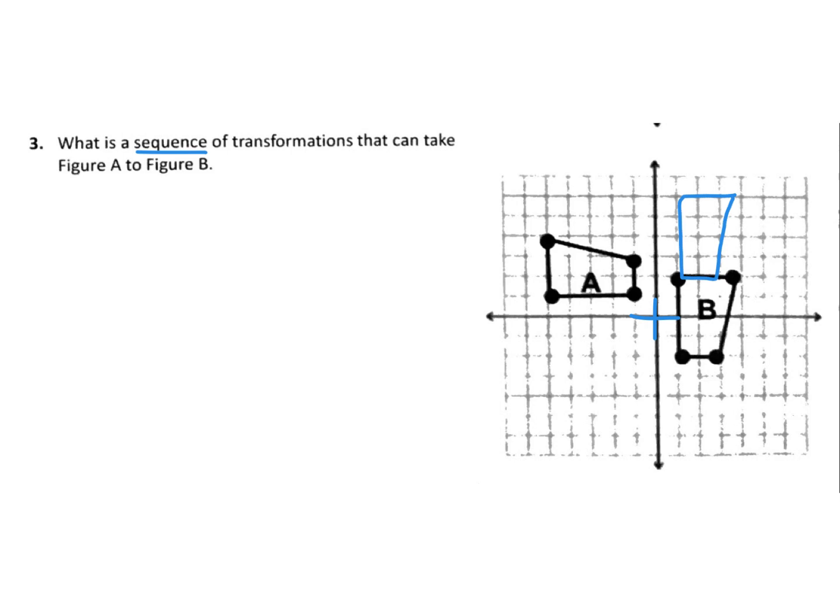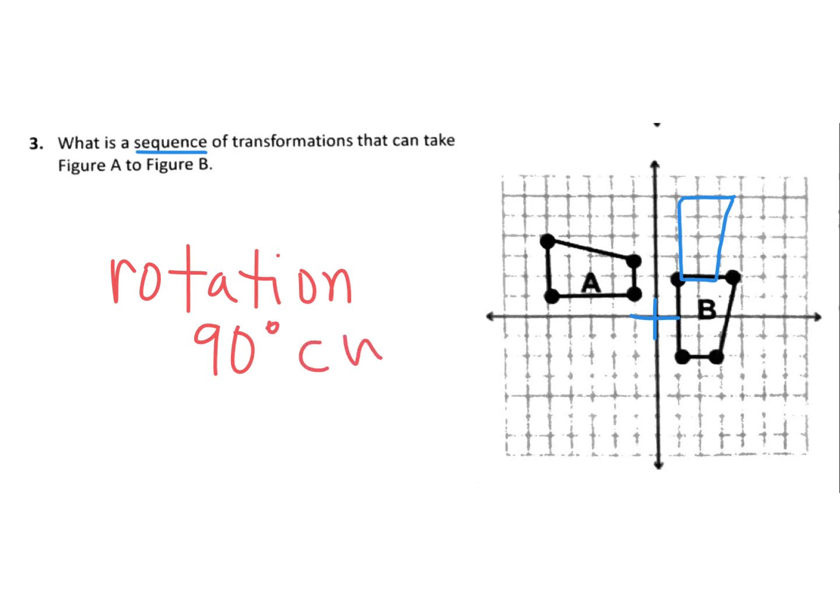So then step 2 would be to slide down. So it's going to rotate and translate. Let's make a note of that. So it's a rotation, and it looks like it's going 90 degrees clockwise, followed by a translation or a slide 3 units down.